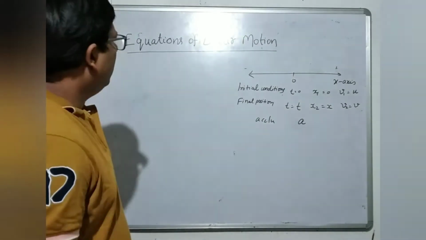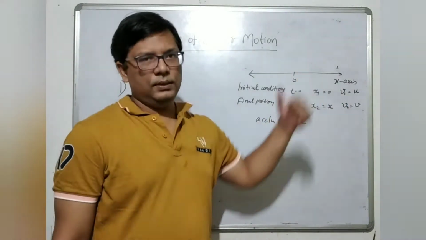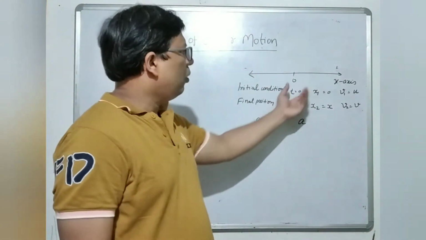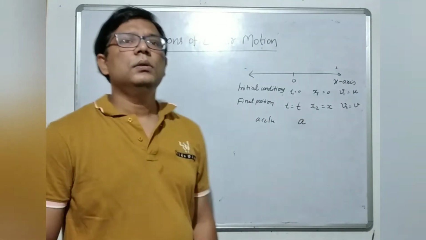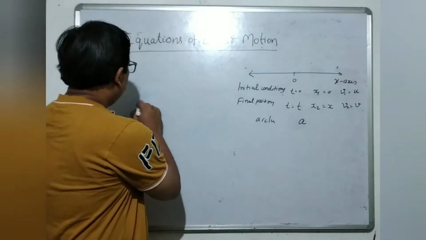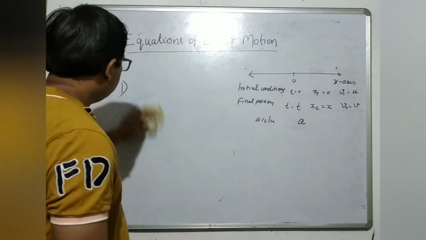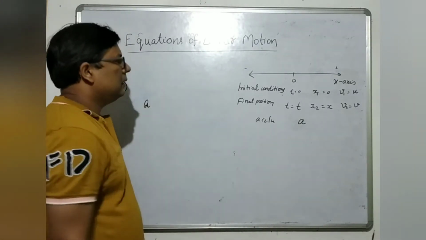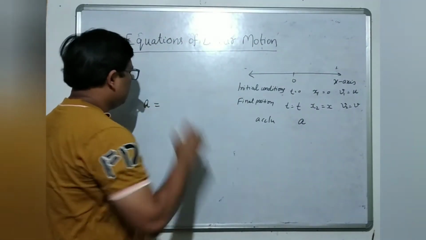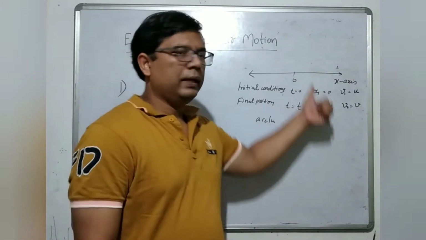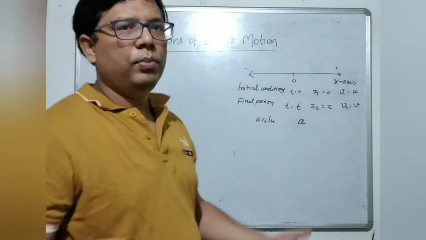Now let us see what the velocity is when an object moves from position 0 to x in this condition. According to the definition, we all know that acceleration, and here this is average acceleration, because when acceleration is constant, average acceleration remains the same as acceleration at any particular point of time.